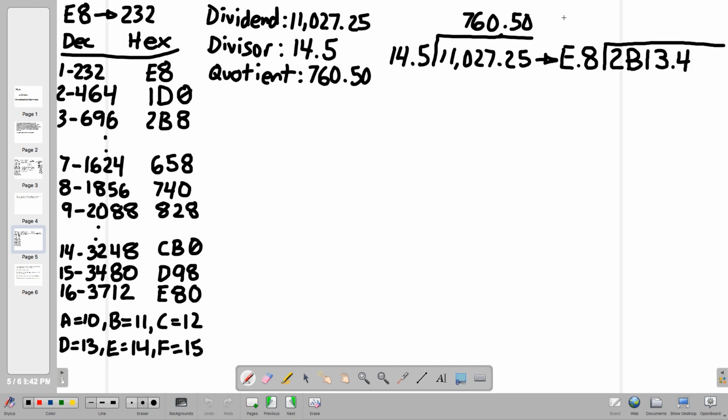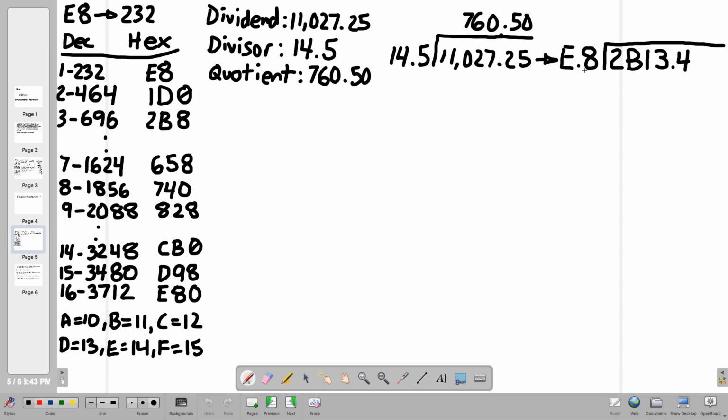Towards the right, we have 14.5 represented in hexadecimal by the value E.8. The value 11,027.25 is represented in hexadecimal by the value 2B13.4. To make this computation easier, we want to first notice that we have digits to the right of the decimal point in this computation.